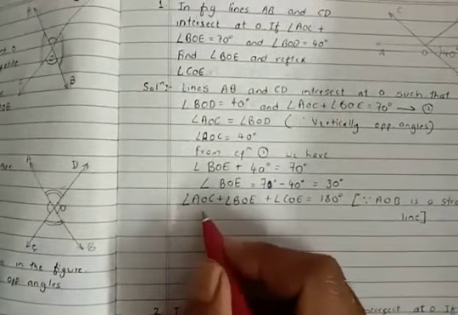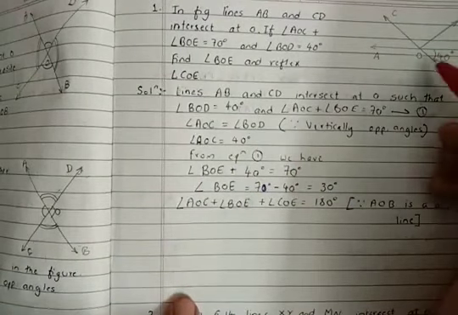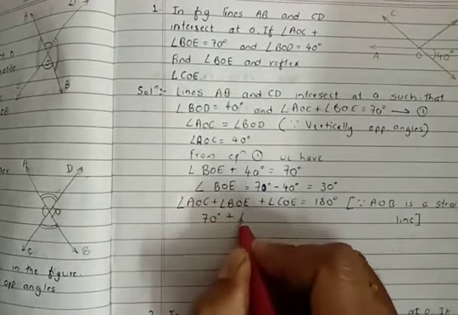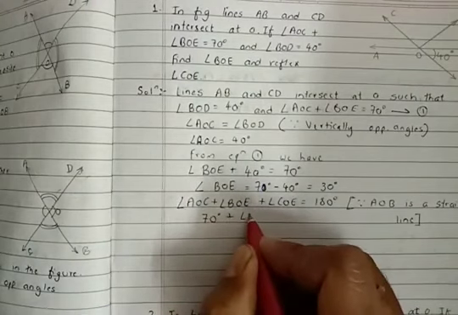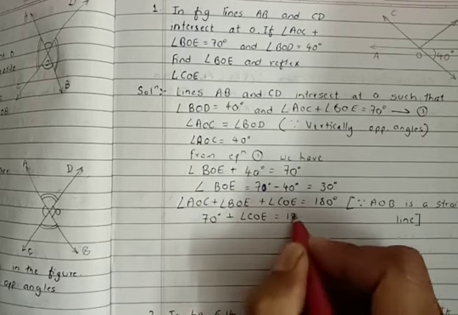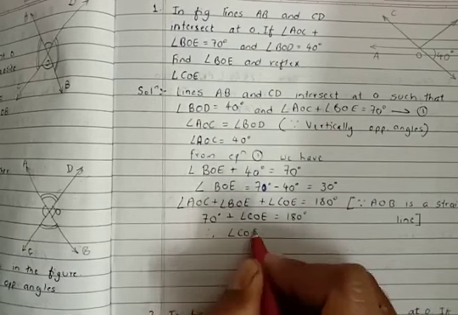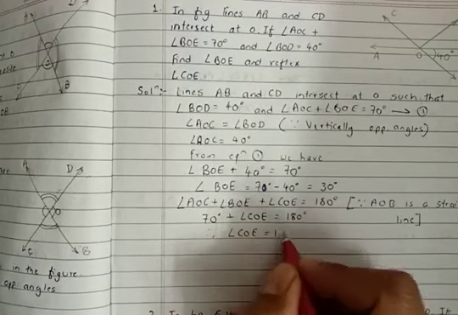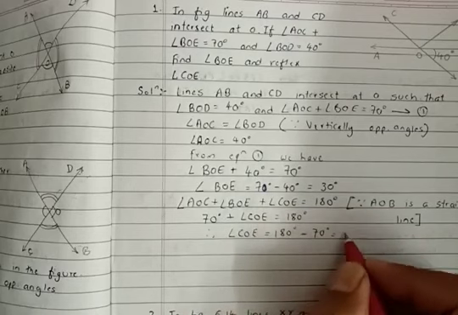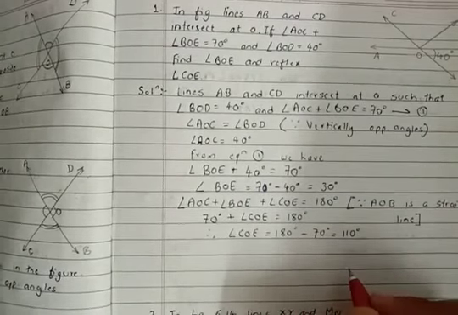Now we know that angle AOC plus angle BOE is 70 degrees. So 70 degrees plus angle COE equal to 180 degrees. Therefore, when we solve this, we will get angle COE is equal to 110 degrees, right?